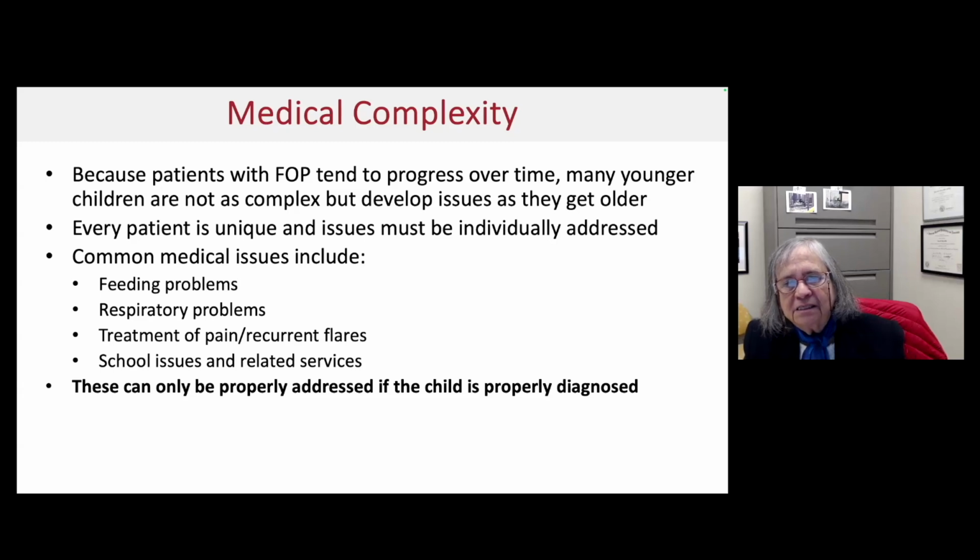But this is a disease that progresses as kids get older. And no matter how careful you try to be, there is still going to be progression of the disease. What that looks like and the age that it happens can be variable and is quite unique patient to patient.